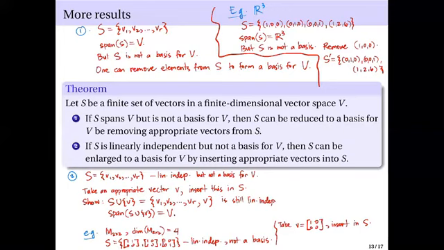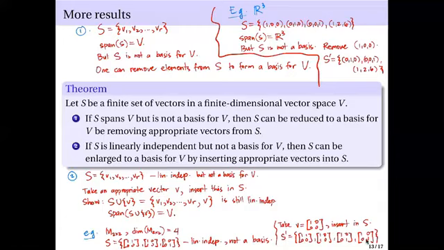In S. So now your S prime is the set with elements 1, 1, 0, 0, 1, 0, 1, 0, 1, 0, 0, 1, and now you insert that V, 1, 0, 0, 0. This set here, you can show is a basis.